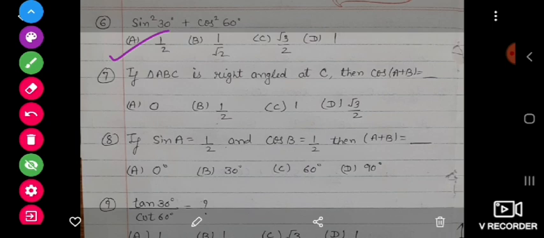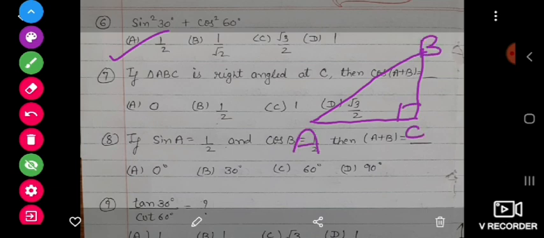If triangle ABC is right angle at C, then cos A plus B will be what? Right angle at C. This is A. If one angle is 90 degree in a right triangle, then the sum of these two angles should be 90 degree.